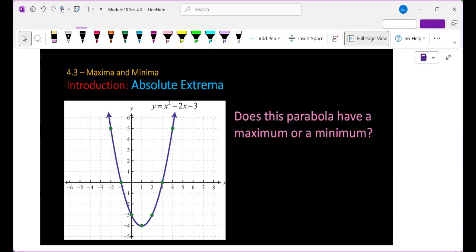All right, so absolute extrema, extreme points are highs and lows. So this parabola here, does it have a maximum or a minimum? Yes. Now, why do we call it a minimum?